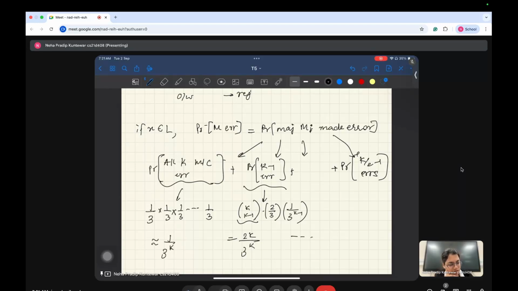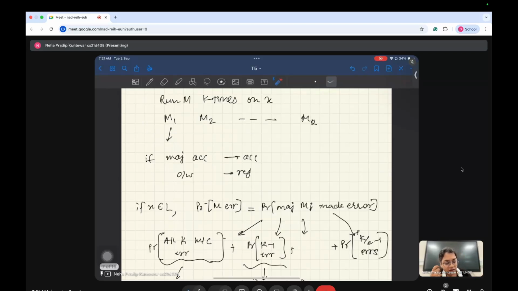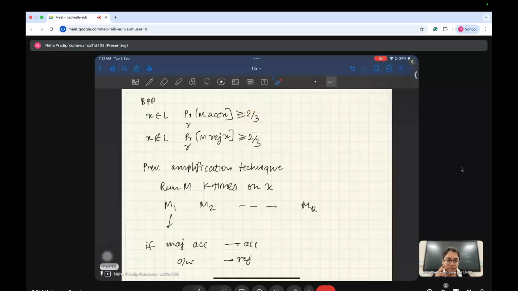So all of them are going to have this 3 to the k in their denominator. If k were polynomial, this error probability is going to be very small. Even if we add up these terms, the numerators are really small compared to the denominator, so the error is going to reduce by a large fraction. This is simply happening because we started off with a fraction that is greater than half. There's nothing special about 2/3 here.